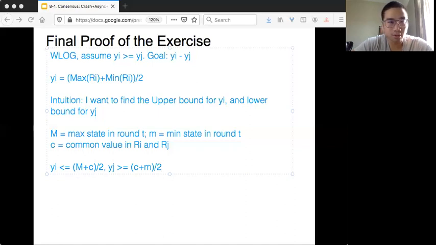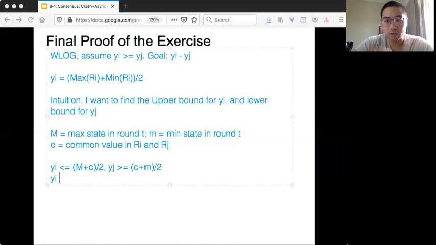So the min Rj must be at least lowercase m. The thing you want to convince yourself is that max Ri is greater than max Rj, which is greater than c. Good. Once you get this step, you are almost done.